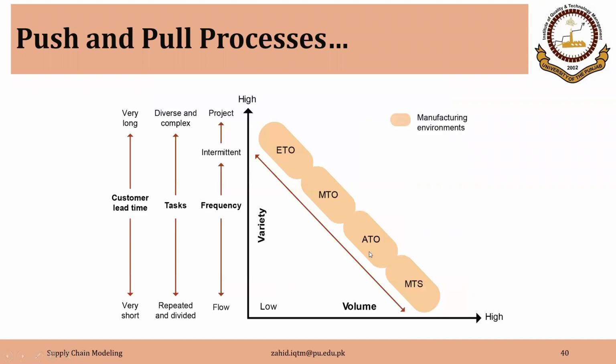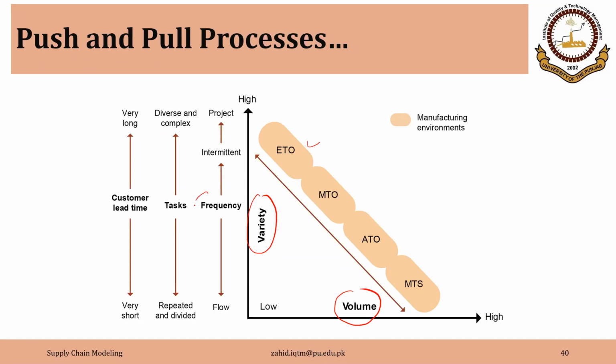Okay, so this is a very good summary of this discussion. So if we move down from engineer to order to make to stock, and we have variety on the y-axis and volume on the x-axis, I hope you can link this figure with our discussion on 5 types of processes. I'm intentionally not going to link it here, but you can get a fair idea which type of those 5 processes will be engineer to order and which one will be make to order and so on.